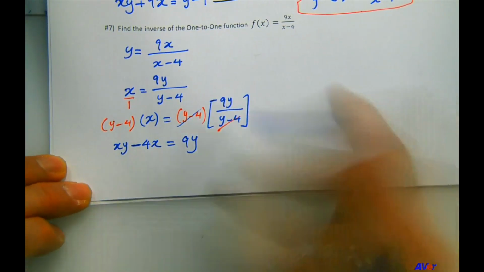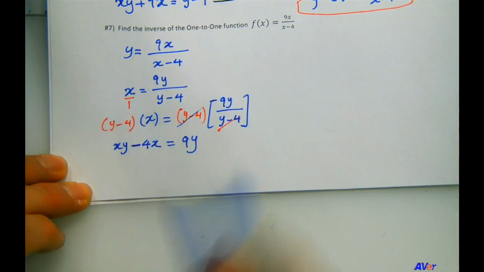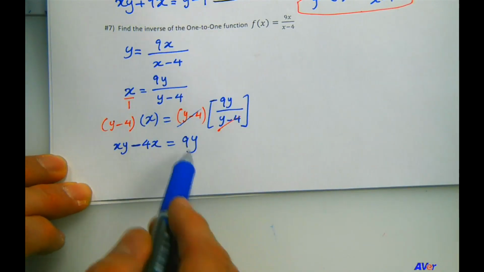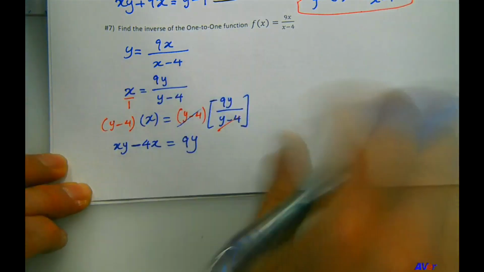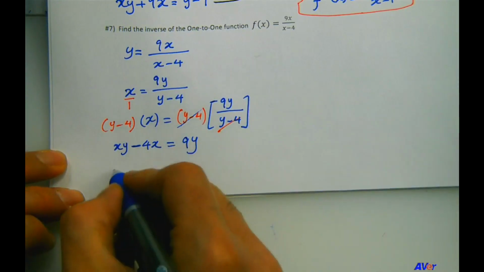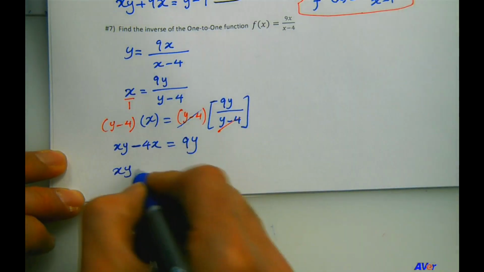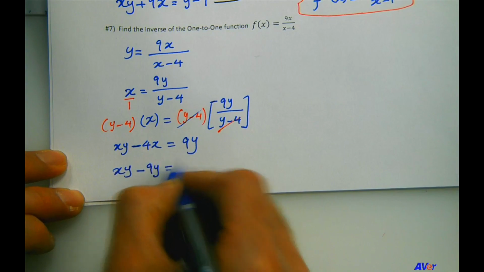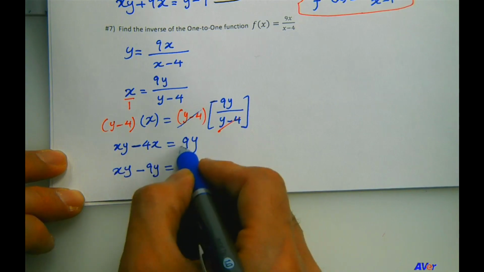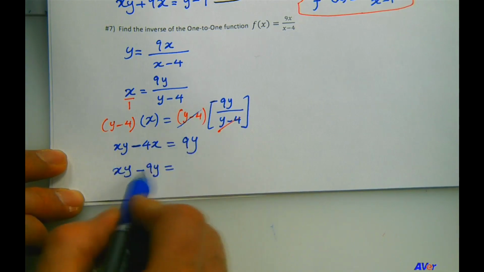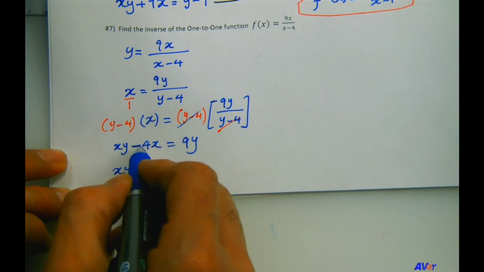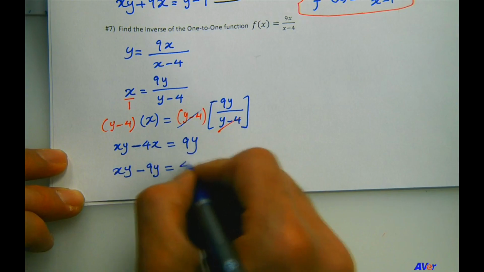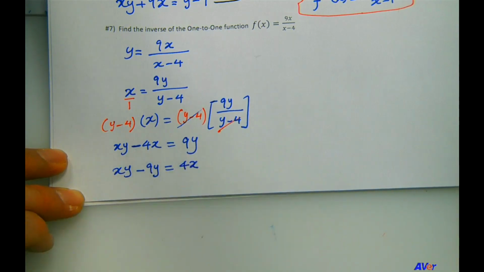Okay, so just like the previous example number 6, we're solving for y, but y appears in two terms. So we need to bring them to one side. So we have xy minus 9y, right? This was positive on the right side. When I brought it to the left, it switched algebraic sign to negative. This is negative 4x. When I send it to the other side, it becomes positive 4x.